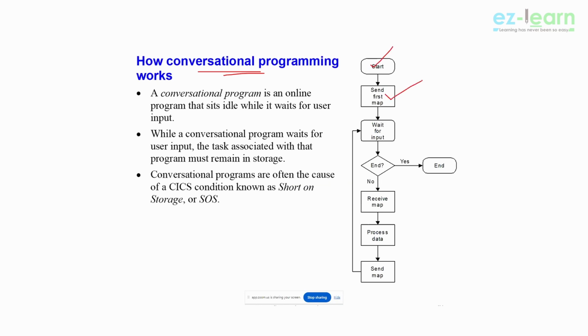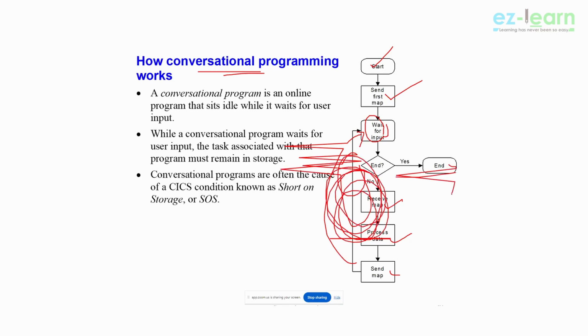First the empty map set is shown to the user, and the program is waiting for the user to type the data. The user types the data, and then we receive and process the data and send the message back to the user. We do this in a loop until we decide to come out of the screen.